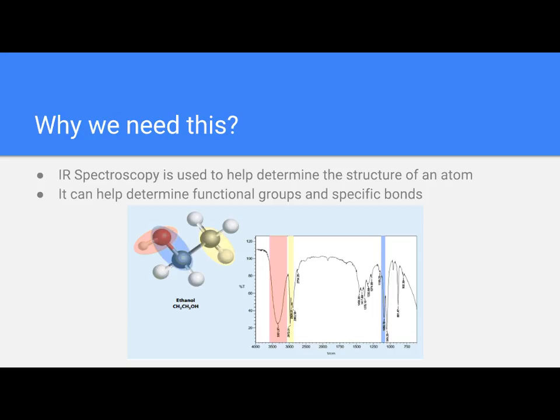What about the yellow one? Yellow is carbon to hydrogen. And the blue one is oxygen, carbon to oxygen. Right.